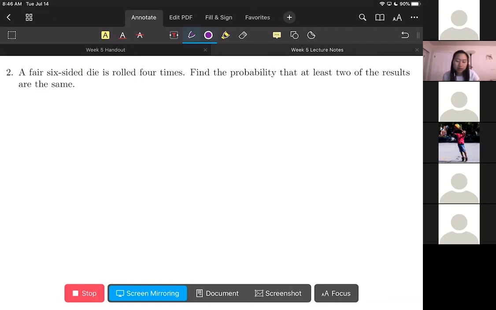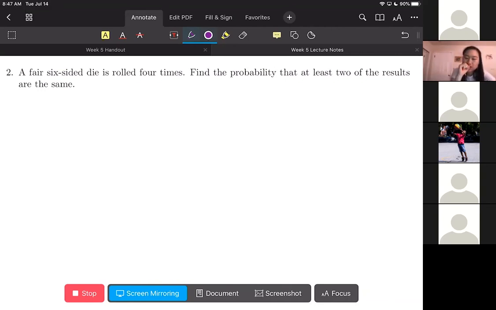Find the probability that at least 2 of the results are the same. So how can we use complementary probability to solve this one? I think that we could start by finding out how many different outcomes there are. Okay. How many different outcomes are there?